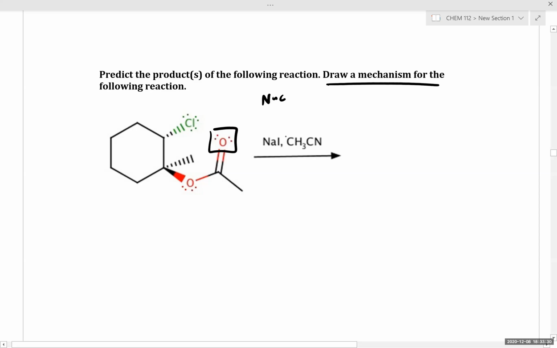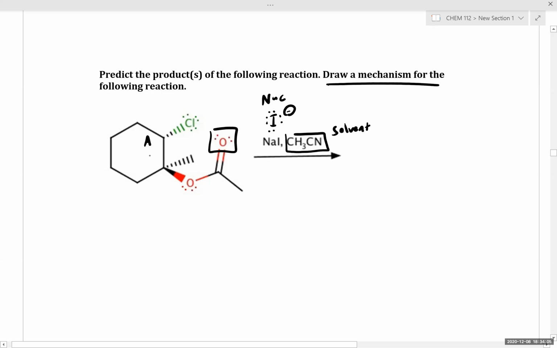So CH3CN is our solvent. What is our nucleophile? So we've added sodium iodide in acetonitrile. What is our nucleophilic species in sodium iodide? Yeah, iodide, exactly right. So our nucleophile is iodide, okay?